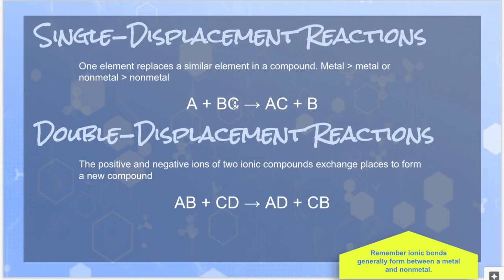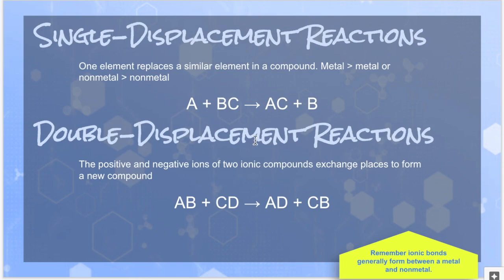B and C are bound together, and then through single displacement, the A and the B switch. So now A is bonded with C and B is on its own. We assume that A and B are either both metals or both non-metals.